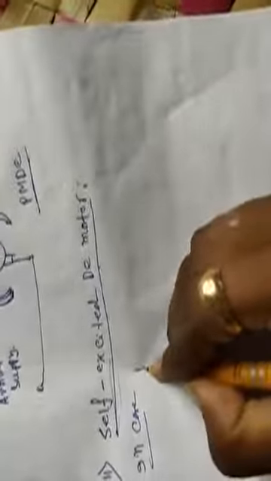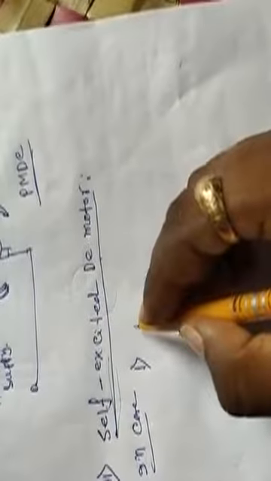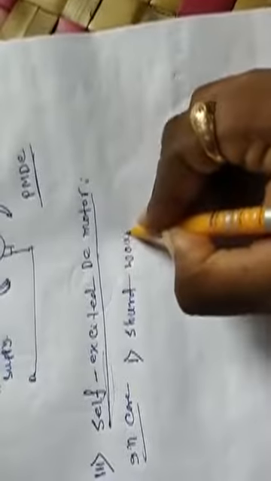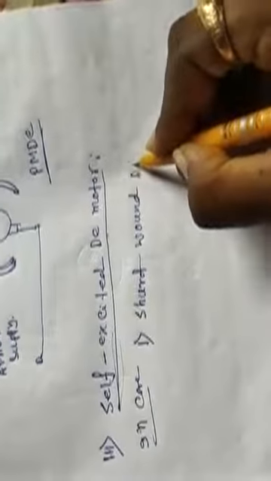Self-excited DC motors are mainly classified into three types, depending on the winding arrangement. First is the shunt wound DC motor.